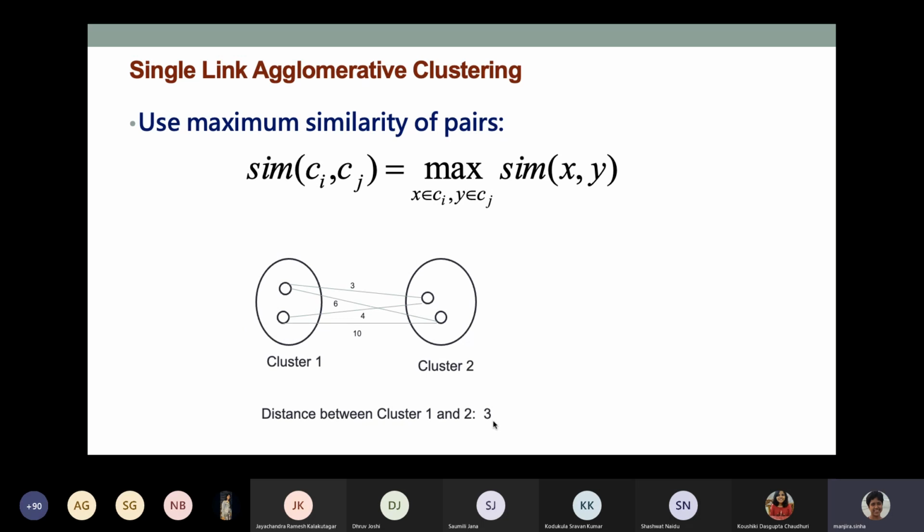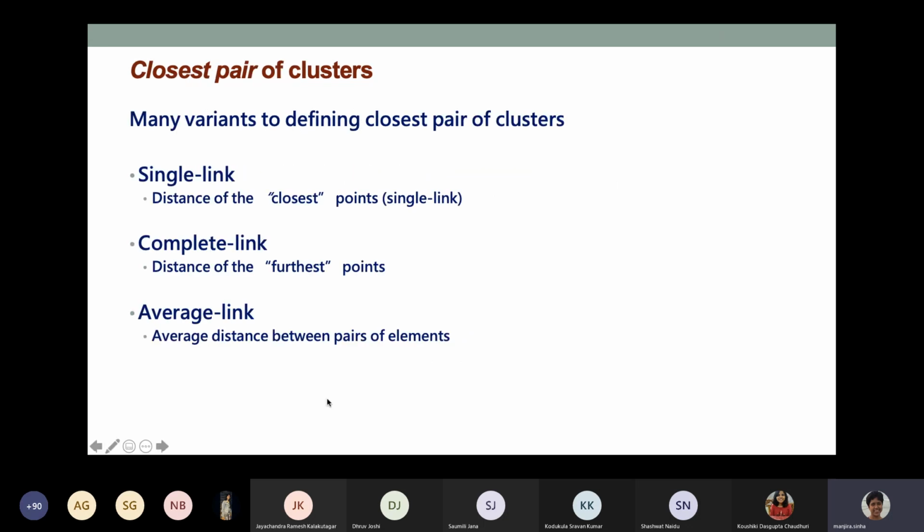So why is the distance between cluster 1 and 2 is 3? Because in this case, these edge weights actually represent distance, so the minimum edge weight is representing the maximum similarity. Generally it is the other way round, so that's why I made the mistake. Single link is defined as the distance of the closest point.